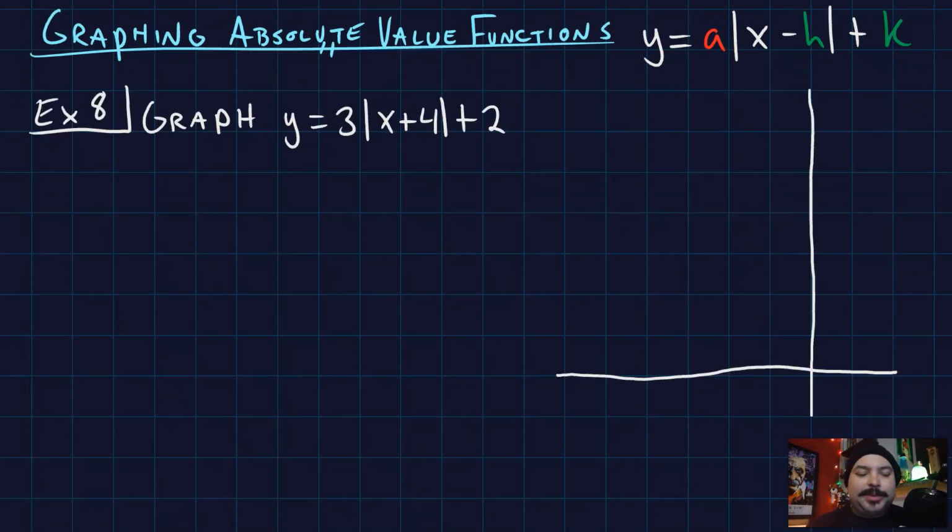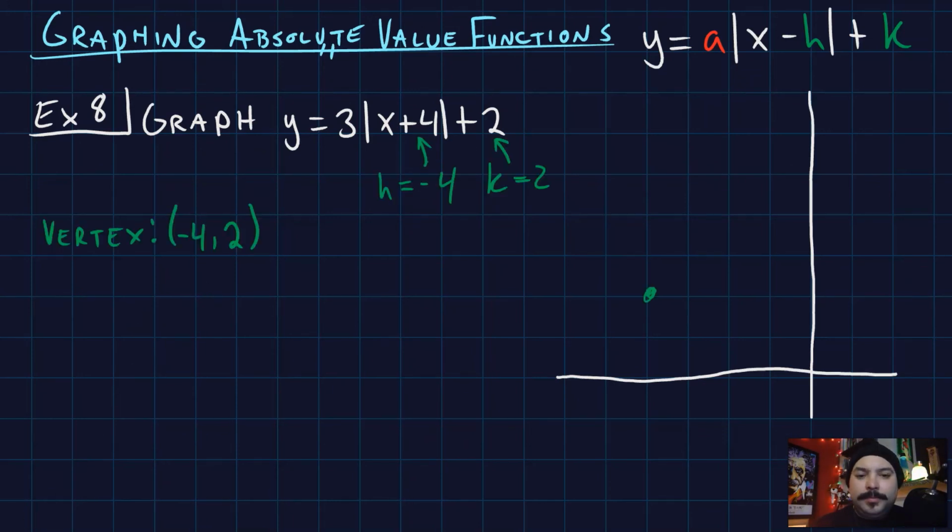For example number 8, we will graph y equals 3 times the absolute value of x plus 4, then plus 2. Starting with the vertex, we can see that the value of h is equal to -4, the opposite of x plus 4 here, and k is equal to +2, so our vertex will be at (-4, 2).